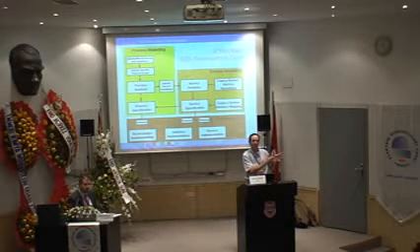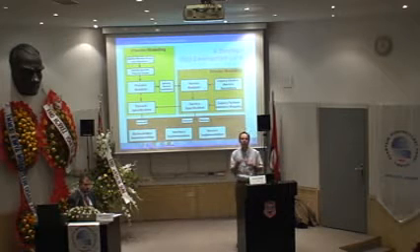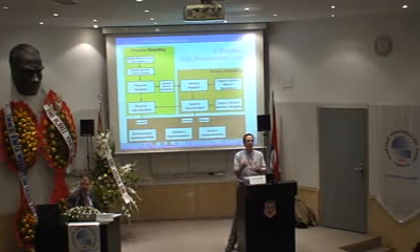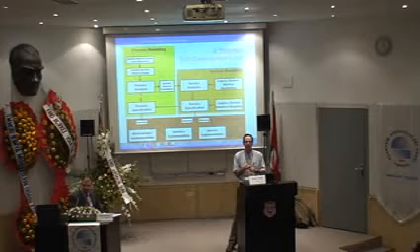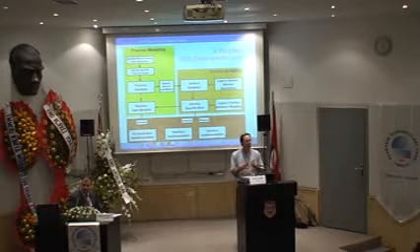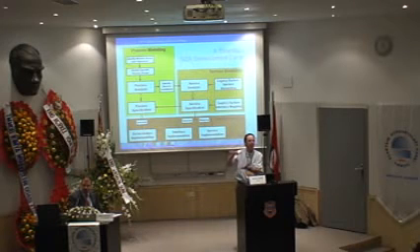So I need to first of all understand what the goal is. The goal is we need to reduce the time it takes for somebody through an internet channel to open a new account. We want to make sure that we increase the number of accounts that are opened in our bank by 30% in the next 12 months. We want to make sure that we get more people from certain demographics, maybe people under the age of 20, to start to open bank accounts.